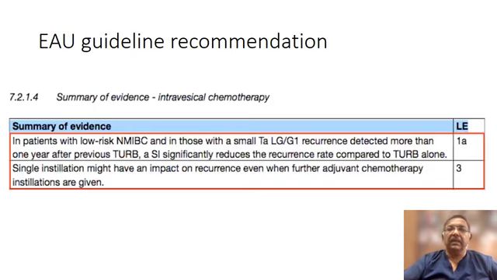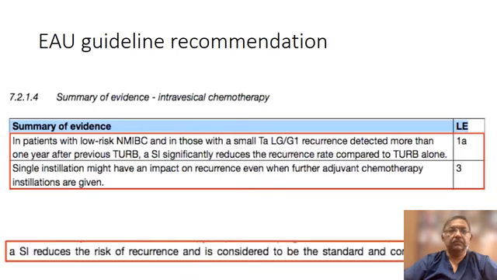So intravesical therapy is really recommended in low-risk patients in whom there is a recurrence detected more than 1 year after previous TURB. Generally, low-risk patients can be treated by a single intravesical instillation after surgery and nothing else, as long as they remain disease-free. Single instillation definitely significantly reduces the recurrence.